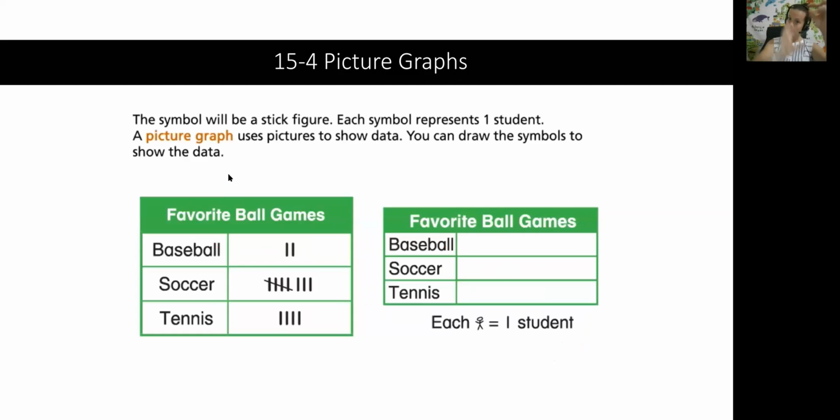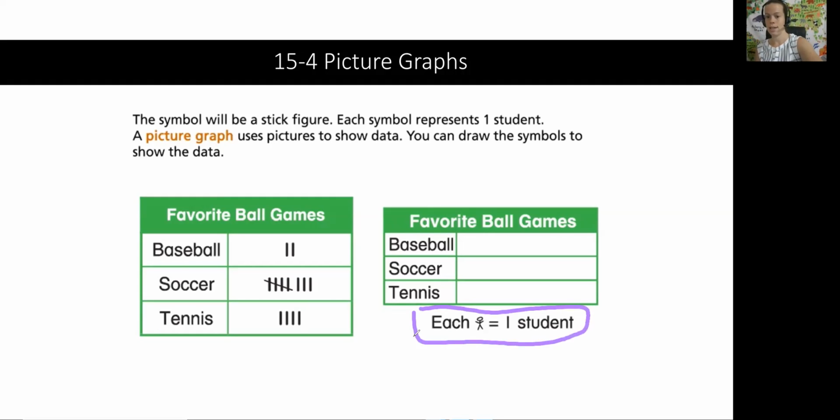Now, we can take this information and turn it into a pictograph, okay? So a pictograph, instead of using the tally marks, uses little pictures. So for baseball, here's our key. This is our key. This tells us what each picture is worth. So each little stick figure person is one student.